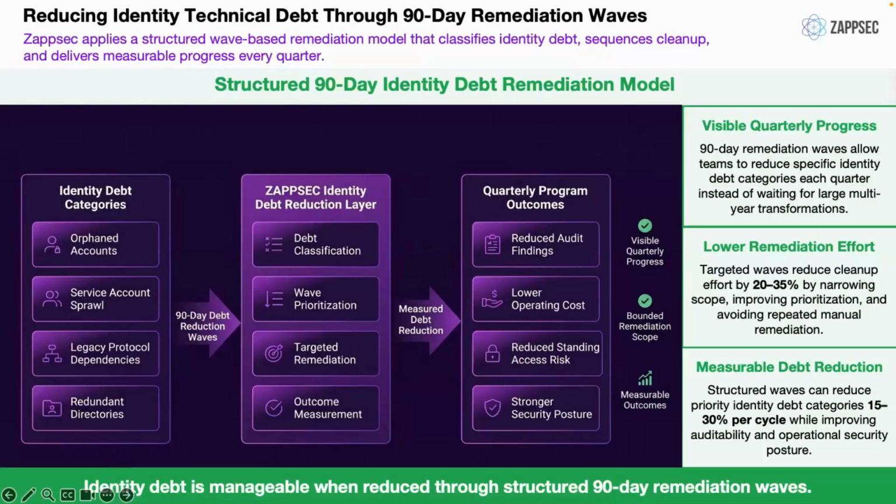The outcome here is reduced credential exposure and improved auditability. Each wave would take 90 days and address a specific category and produce a result that the CIO can report. Oh, that's awesome. And that's what makes it fundable, right?